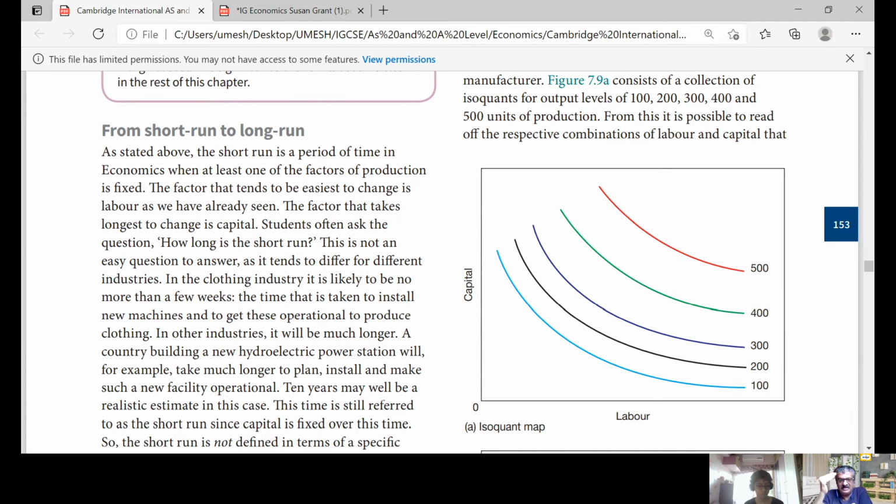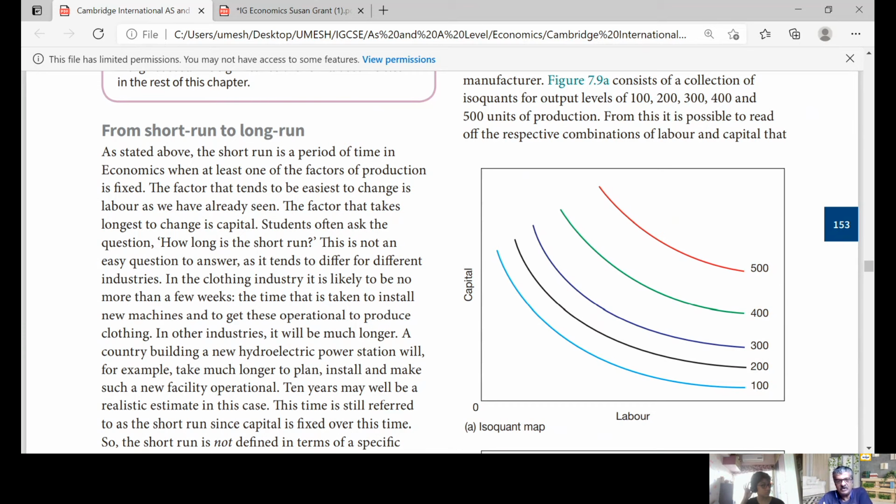But after 300, if you still want to increase your production, the gaps are increasing. If you see 300 to 400, 400 to 500, the gaps of the isoquants are larger, while 100, 200, and 300 are parallel and very near to each other. That is increasing returns to scale.